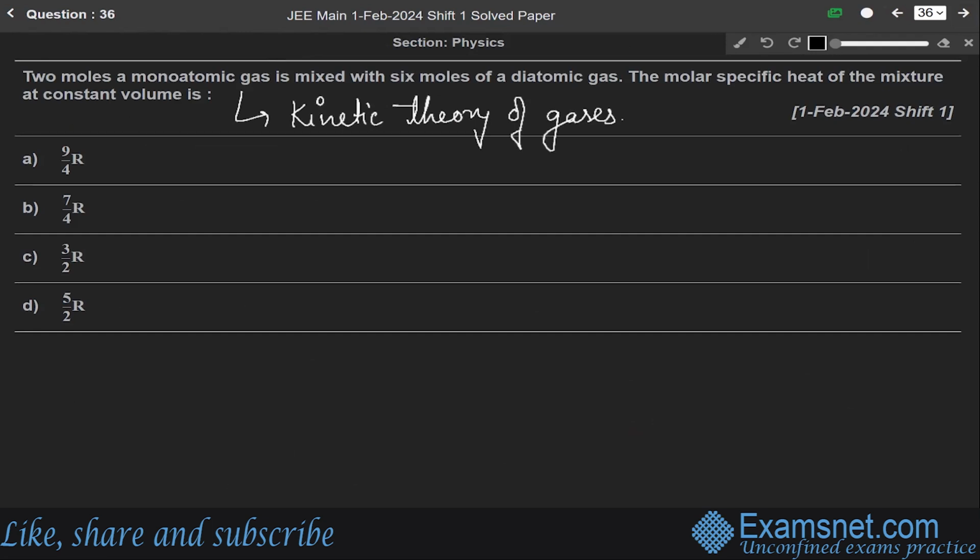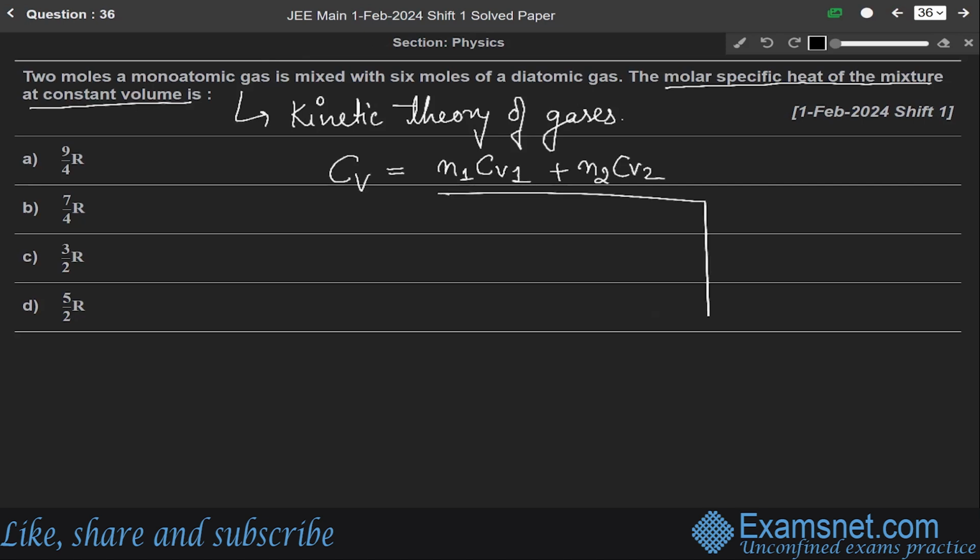Now, we have to find the molar specific heat of the mixture at constant volume, so CV is equal to N1 into CV1 plus N2 into CV2 over N1 plus N2. And we know that there are 2 moles of monoatomic gas, so N1 is 2 and CV1 for monoatomic gas is 3 by 2 R.